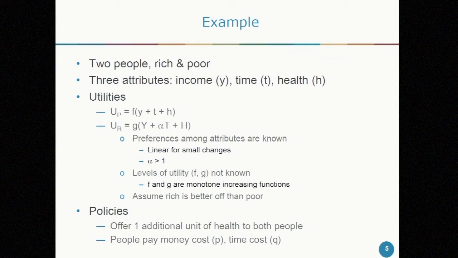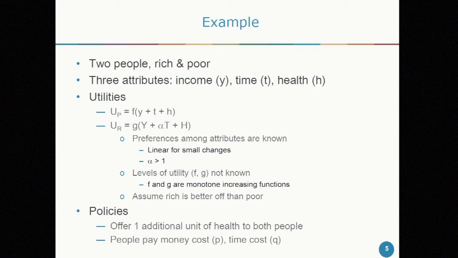For the poor person, I write utility equals F of income plus time plus health. The key point there is that income plus time plus health tells me the rate of substitution between these three attributes, at least for small changes, is on a 1-for-1 ratio. So you just have to measure income, time, and health in appropriate units such that you have a 1-for-1 ratio.